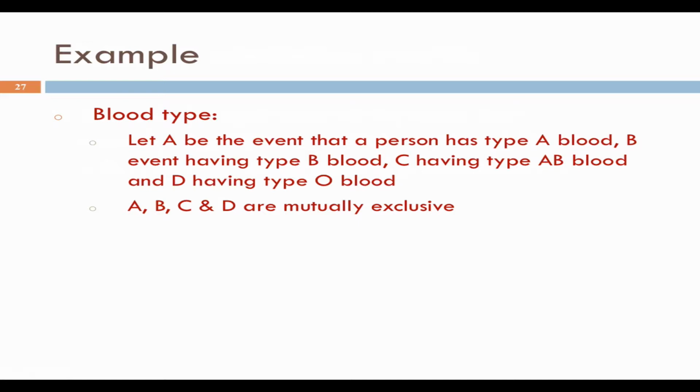If you think about baby births, a baby boy and a baby girl are also mutually exclusive, because nobody can be both a boy and a girl. You have to be just one out of those two possibilities, and that is called mutually exclusive.